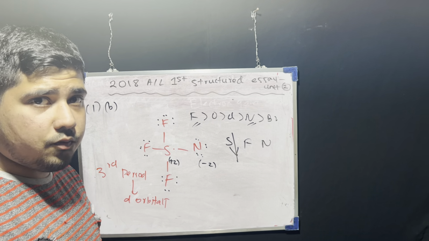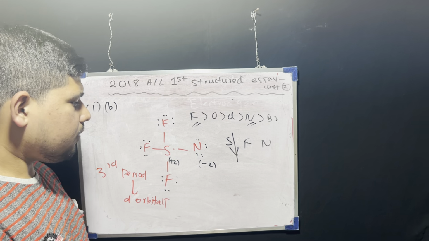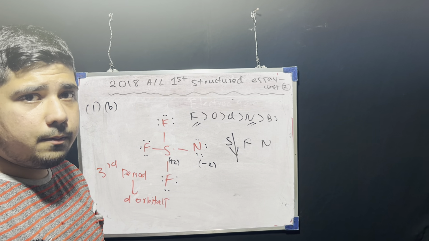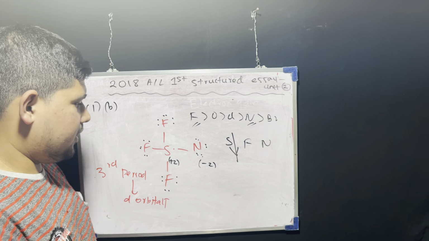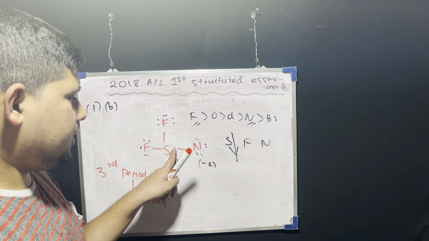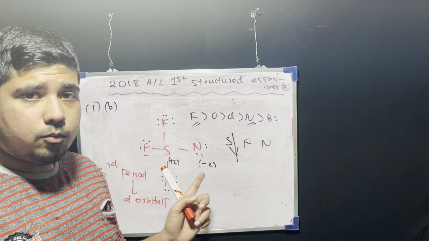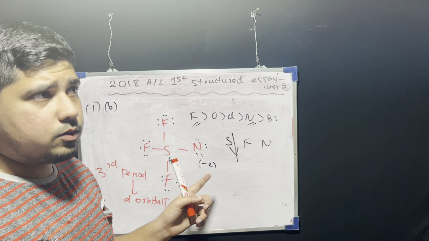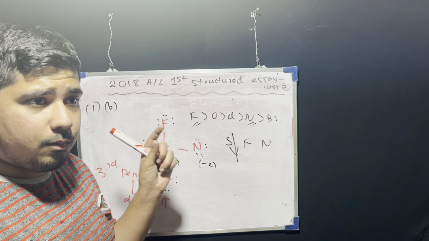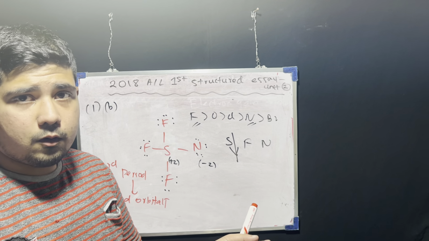Therefore, it has many vacant orbitals. They will undergo promotion, and they can form bonds. More than 4 bonds can be formed by this sulfur. Because it has d orbitals, it can form more than 4 bonds, and the maximum number of bonds is 6.